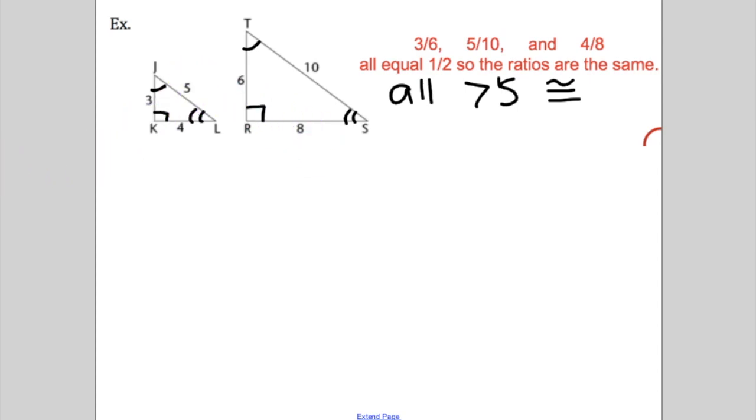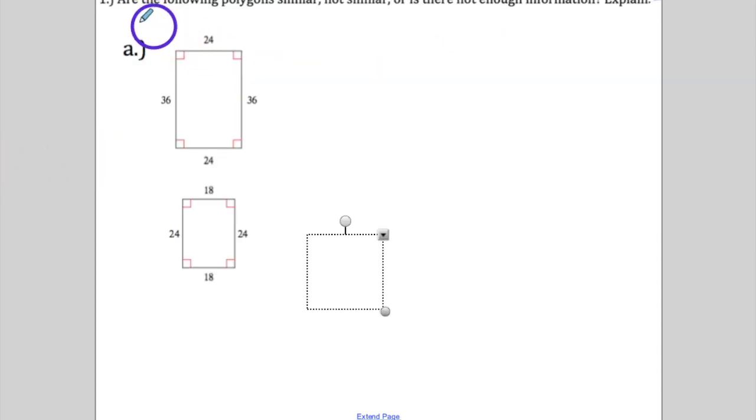Let's go ahead and look at a few examples here. So are the following polygons similar, not similar, or is there not enough information to determine? So to look at here, we need to make sure that we look to see that we are matching up corresponding sides.